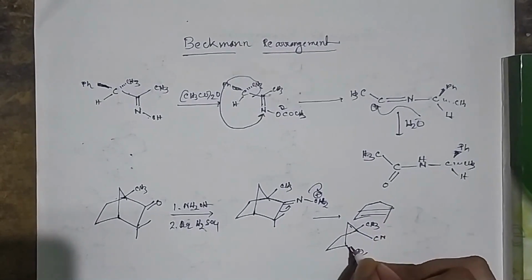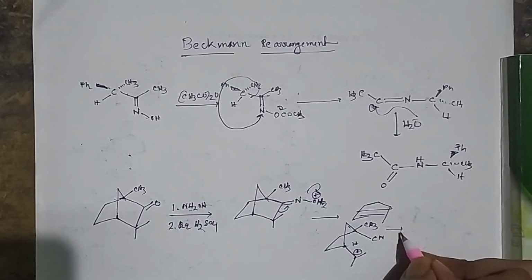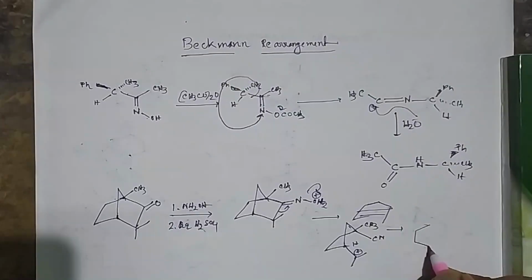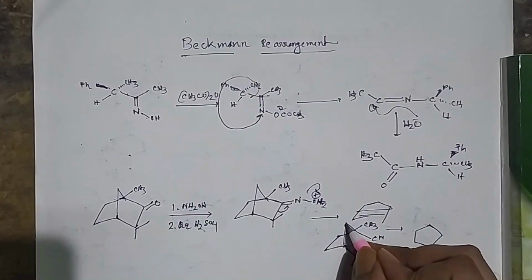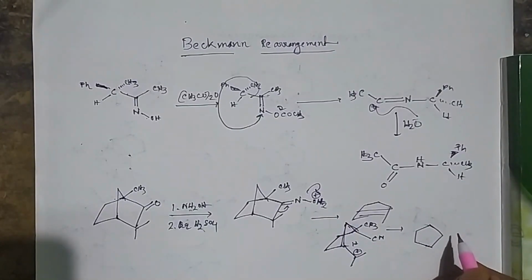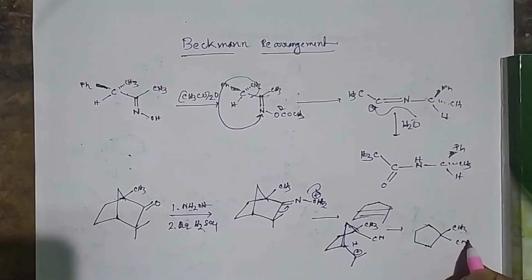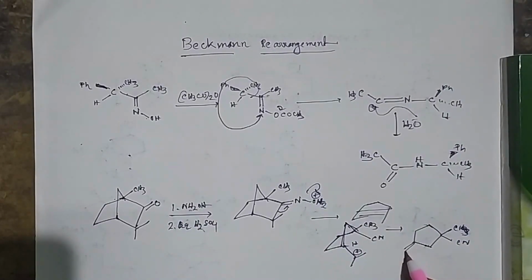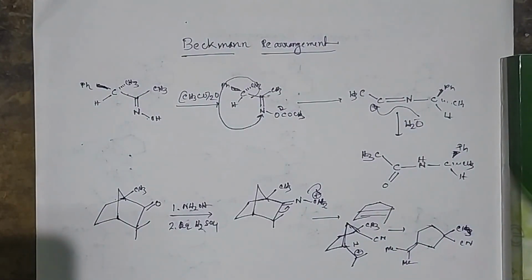So after the 3-degree carbocation formation, an elimination occurs from the alpha hydrogen of that 3-degree carbocation. So let's just write the first 5-membered ring, and after that rest of the groups are as it is. So this is our product.